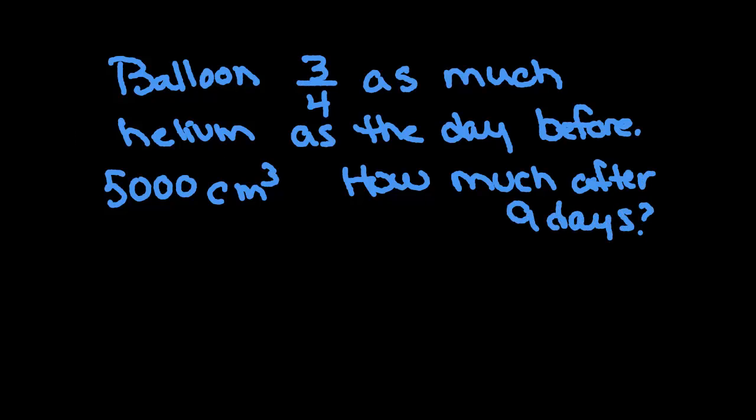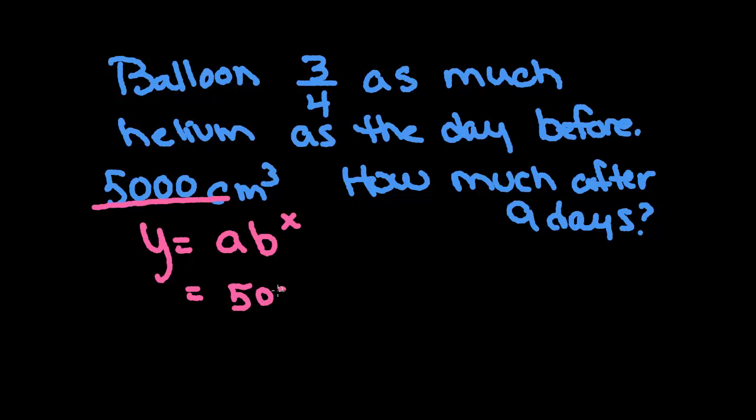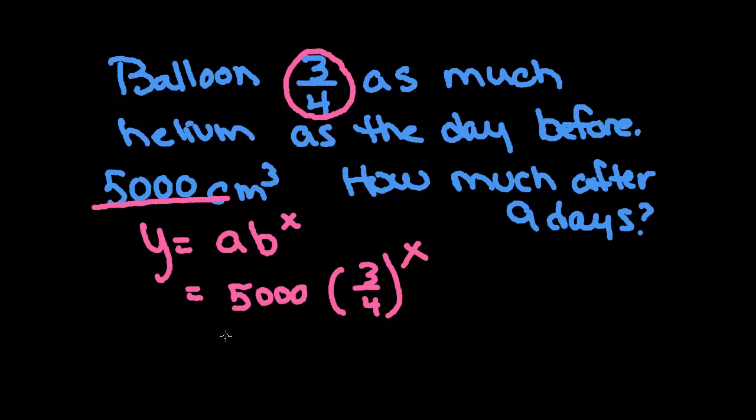Well, you can probably figure out the process. We're going to use y equals ab to the x. A is the initial amount, so 5,000. B is what is happening to our helium. Well, it's reducing at a rate of 3/4 each day. So we're reducing by 3/4 each day, and how much do we have at the end of 9 days?